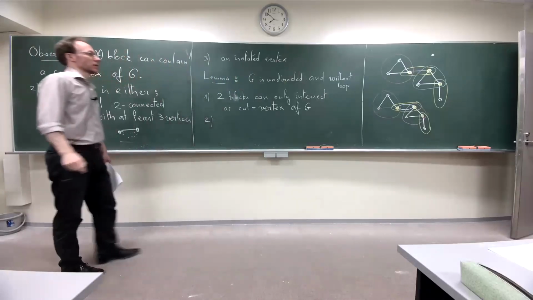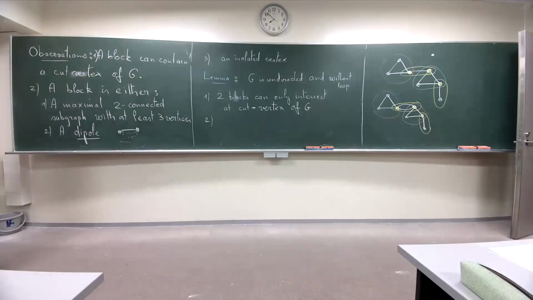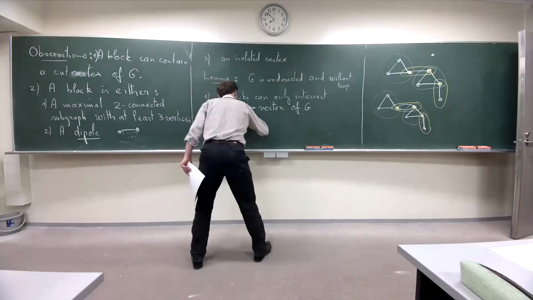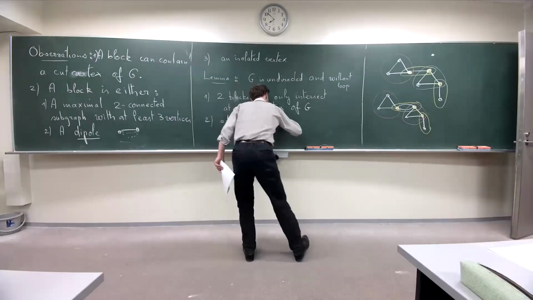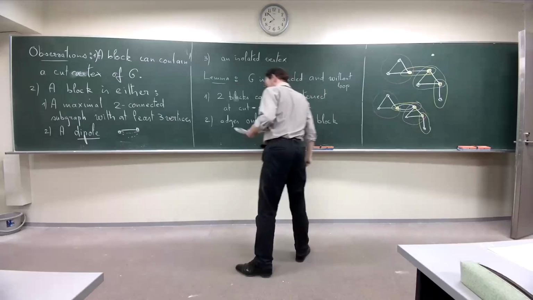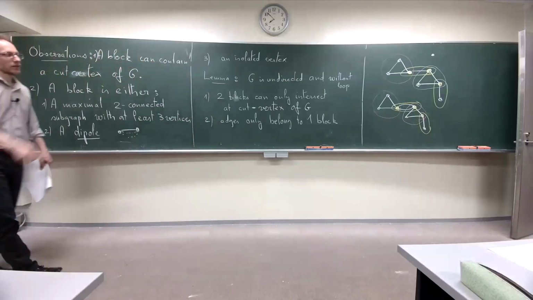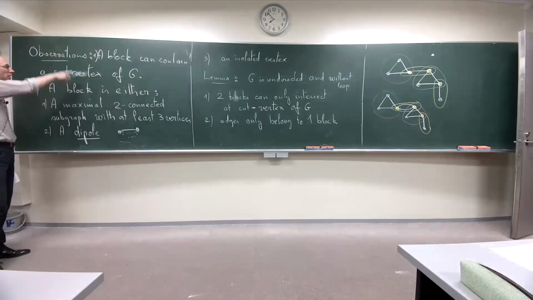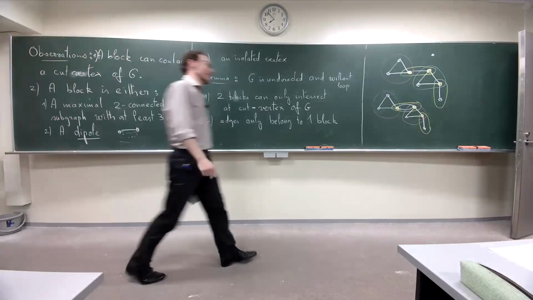What about edges? Look, edges, they always belong only to one block. Edges only belong to one block. What about cycles? Okay, we don't have so many, but cycles, if you take for granted these three alternatives, cycles have to be, okay.